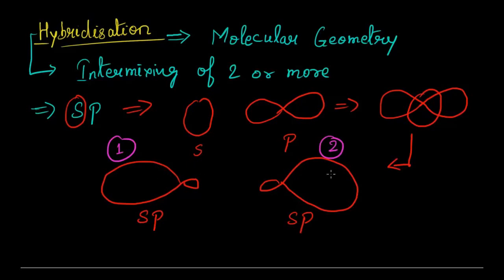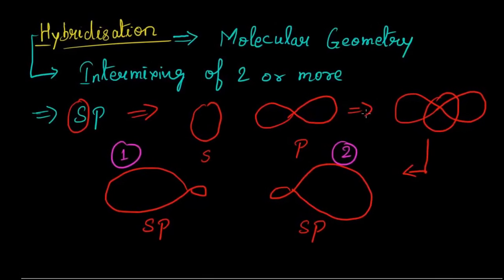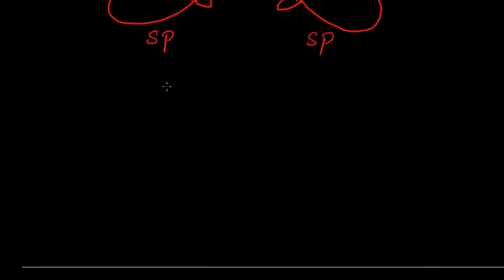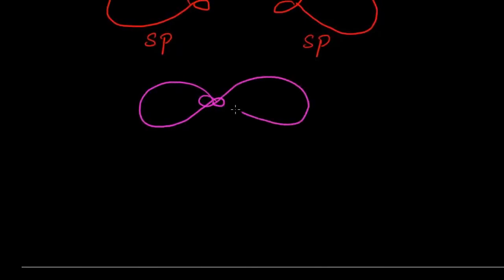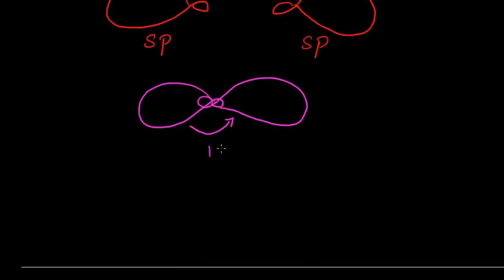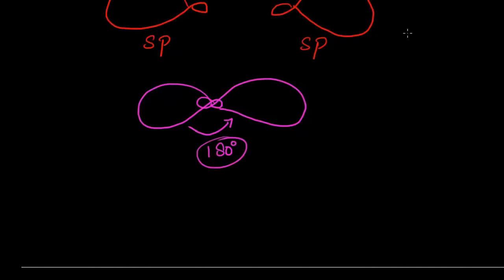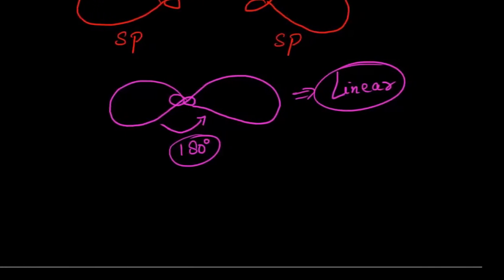They align themselves in a way that the repulsion between these two orbitals will be minimum, so they make a geometry where they are at a 180 degree angle. This leads to a linear structure. So whenever there is sp hybridization, the geometry will be linear.